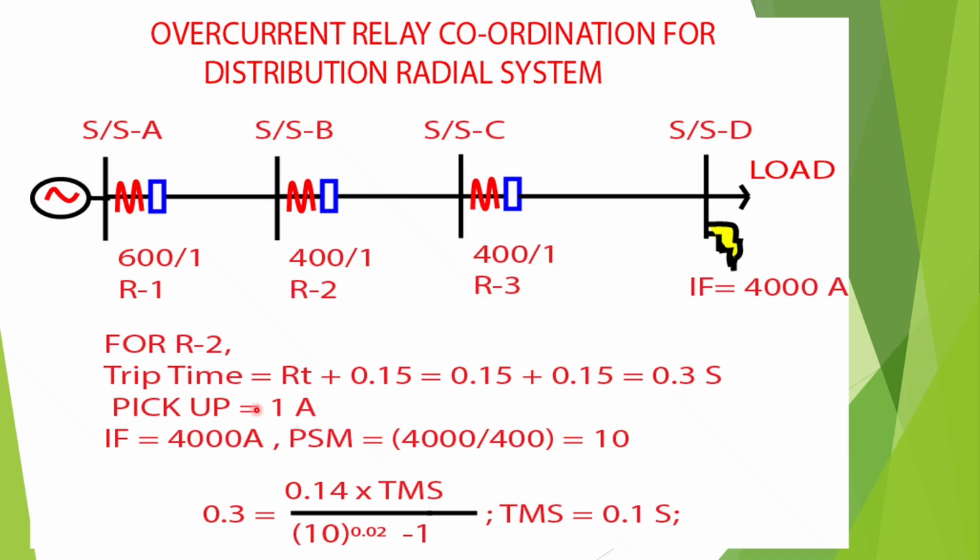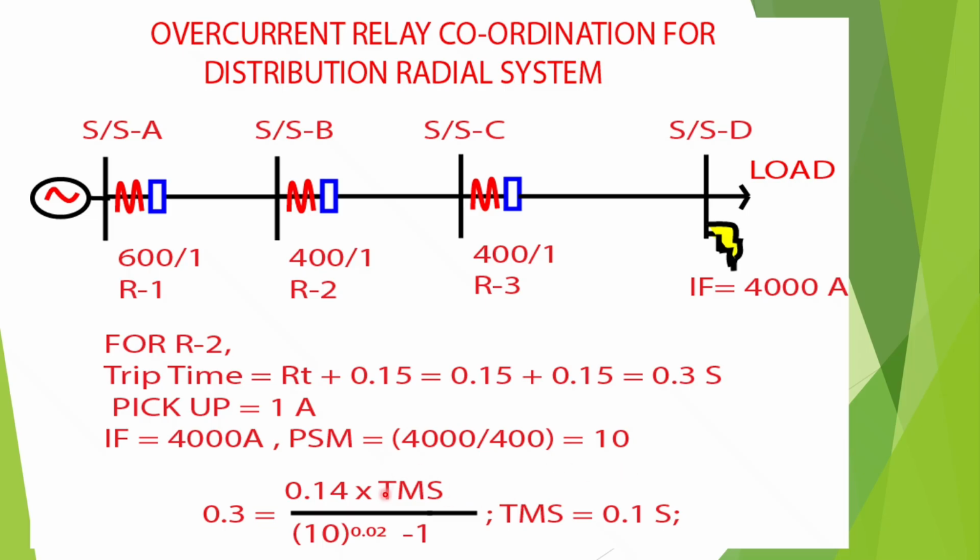The fault current is 4000 ampere. The PSM, that is the plug setting multiplier, comes as 4000 divided by the relay pickup, which in primary value is 400 ampere. So PSM comes as 10.